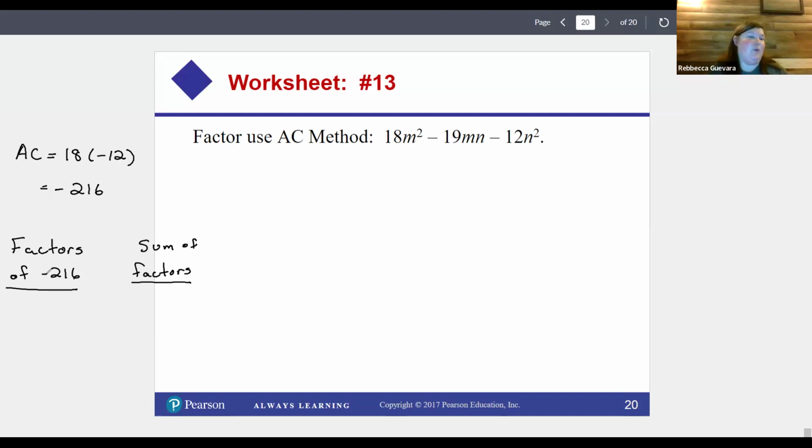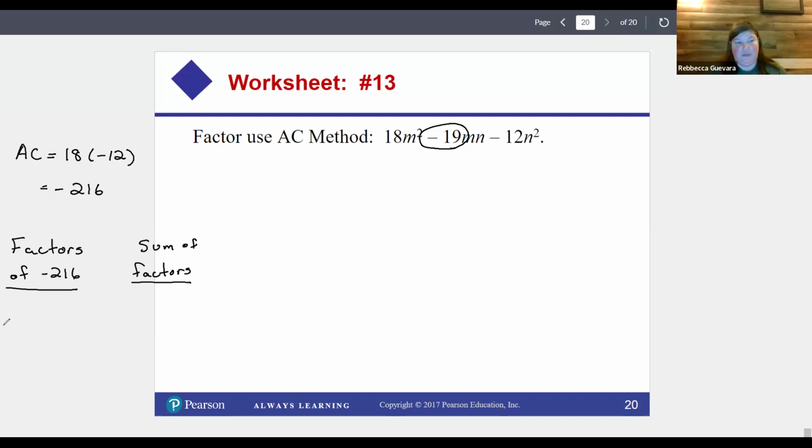So of course you have like 1 and 216 and 2 and 108. Try to think of the ones you can eliminate really quickly, like those. Or you'd have 3 and 72, because what we know is that we want them to have a sum of negative 19. So you want to pick some numbers you know are going to be closer together.